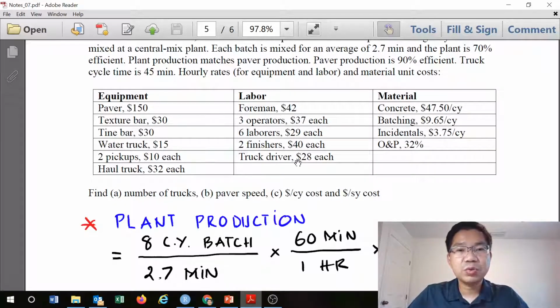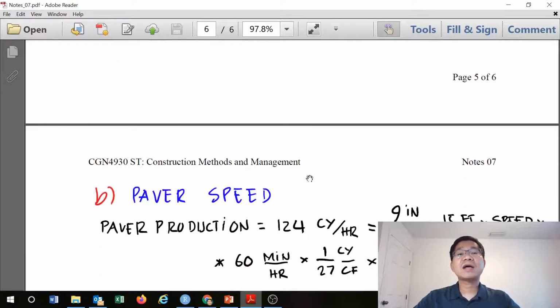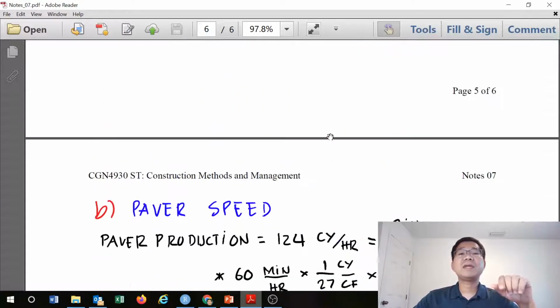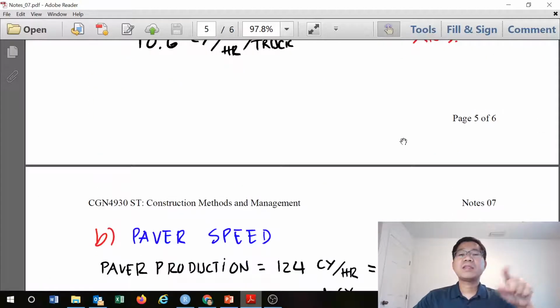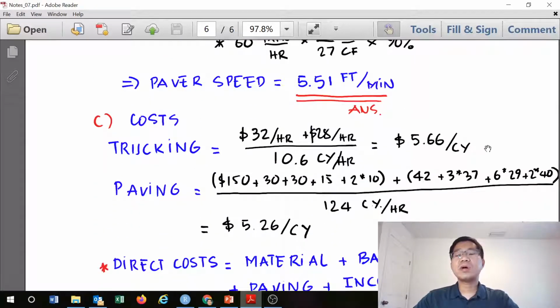So we have 32 plus 28. With that one truck and one driver, they produce 10.6 cubic yard per hour, as we determined in part A, truck production, per truck. So we can determine the unit cost per cubic yard for trucking, including equipment and labor.